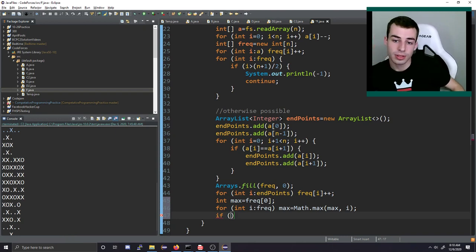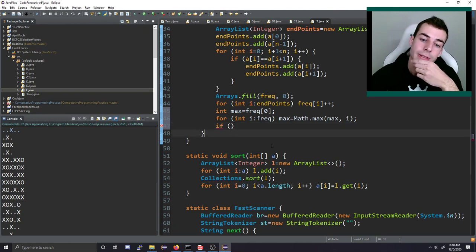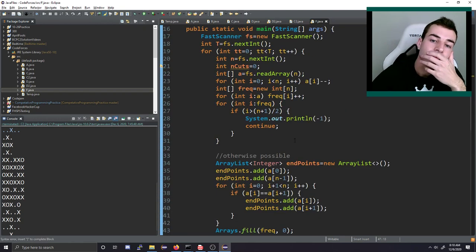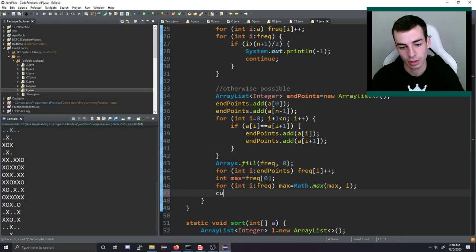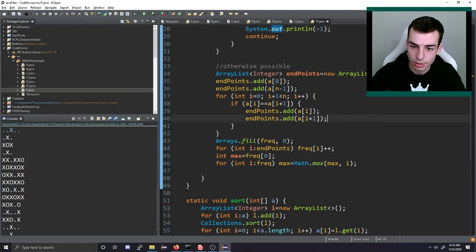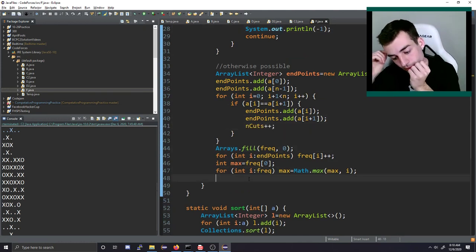So this is always even, so we don't need to worry about odd cases. So, yeah, okay, what do we do here? Oh, we also need to say ncuts plus plus. So we cut something open.